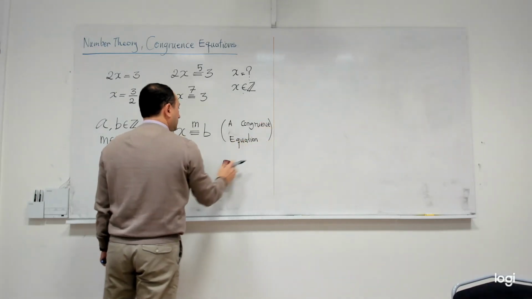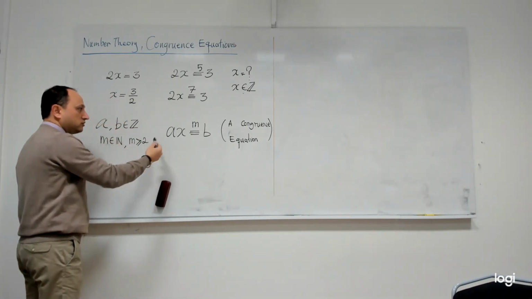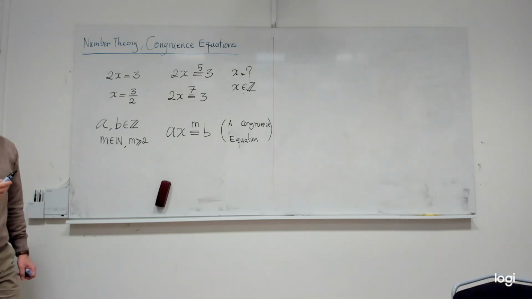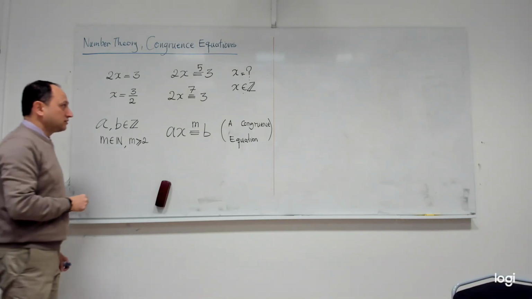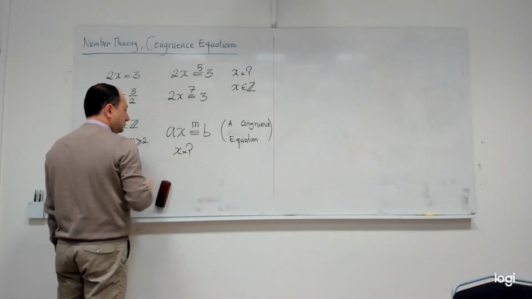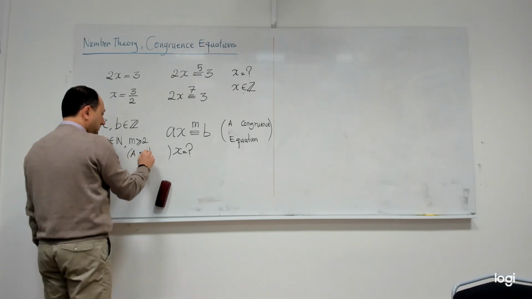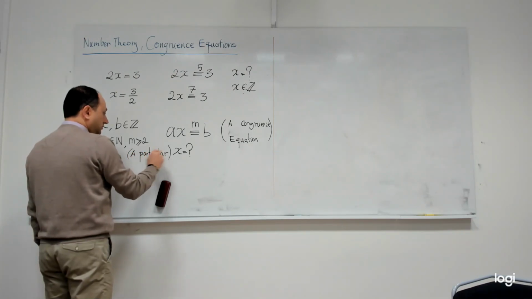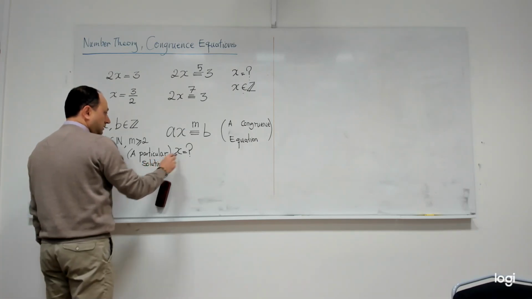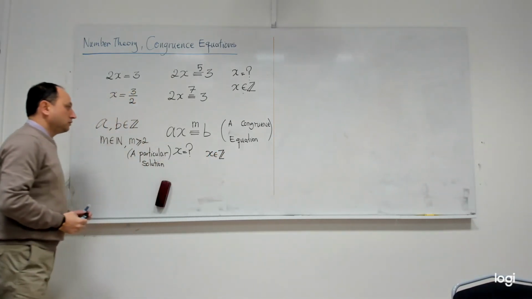Yes, and the goal is to find, we can talk about all solutions, but according to the book you only need to find one solution, so we will not go through those things, okay? So the point is that can I find a value for x, a particular solution, not all of them, so that x belongs to Z. Yes, we want to answer this question.